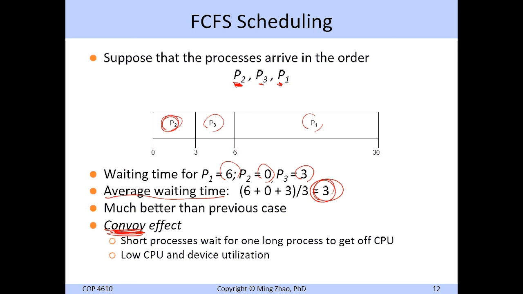What it means is that we have a series of short processes waiting for a long process to get off the CPU, and that causes a convoy effect. It causes the short processes to wait for a really long time, although they themselves don't require a lot of time on the CPU. And this is bad, because short processes are forced to wait for a long process. As a result, the average waiting time, considering all the processes, becomes much larger.